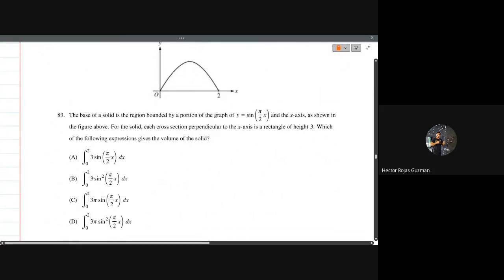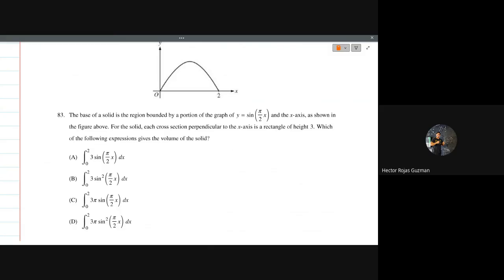Okay, number 82. We have the base of a solid bounded by the graph of sine. The solid has cross sections that are rectangles of height 3. They're perpendicular to the x-axis, so we're doing cross sections like this.